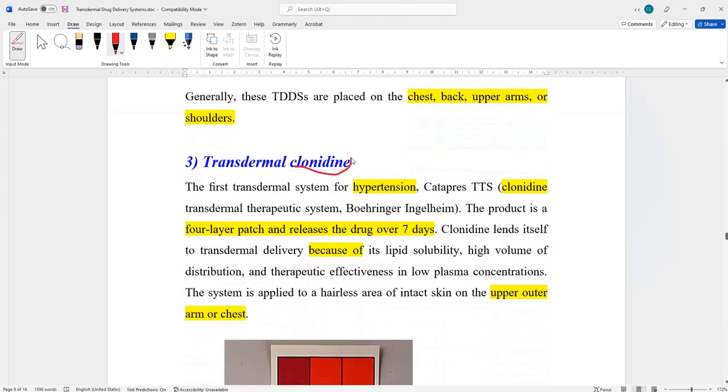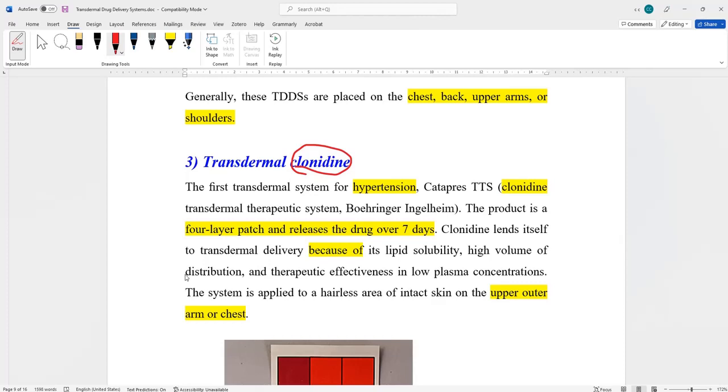Next, clonidine, transdermal clonidine. We said that transdermal scopolamine was the first to receive FDA approval. Clonidine was the first antihypertensive drug to be approved. Okay, it was the first one to be approved for hypertension.